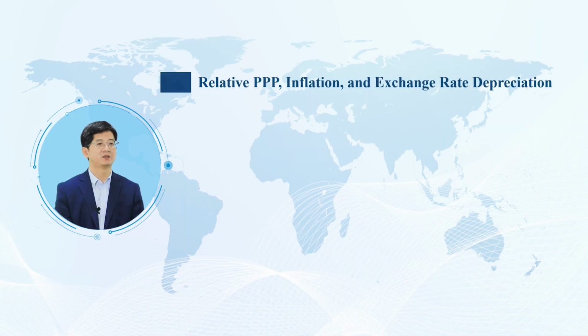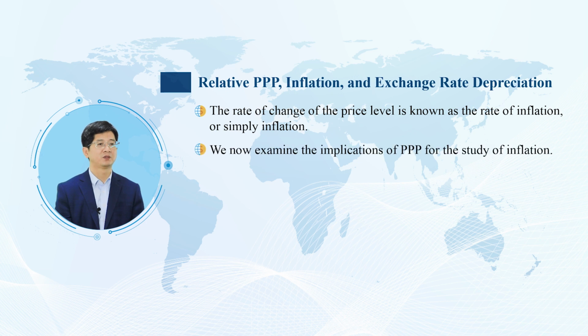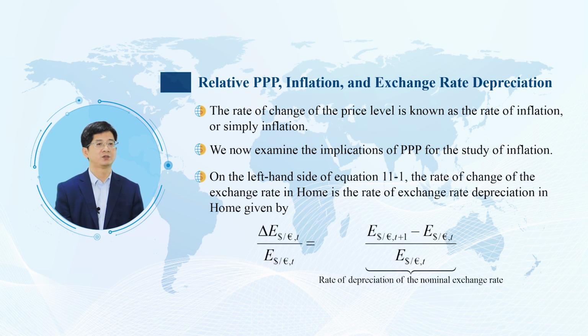The growth rate of the price levels is known as the rate of inflation, or inflation. To consider changes over time, we introduce a subscript T to denote the time period and calculate the rate of change of both sides of equation 3.1 from period T to period T plus 1. On the left-hand side, the rate of change of the exchange rate is the rate of exchange rate depreciation in home, given by the equation.